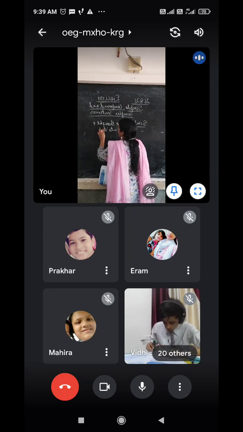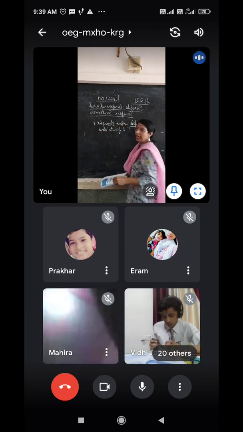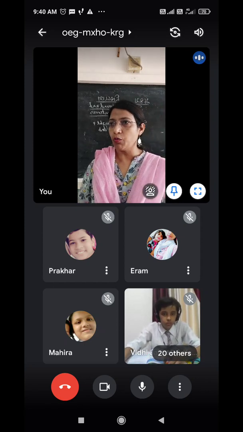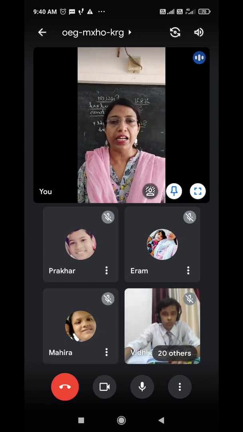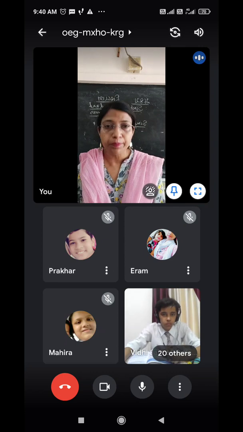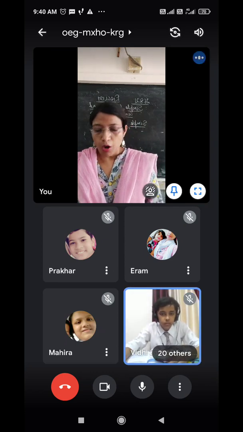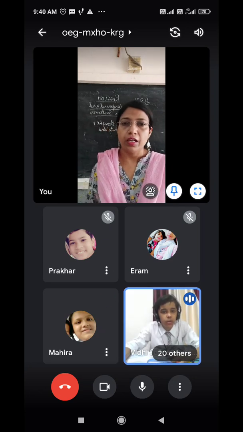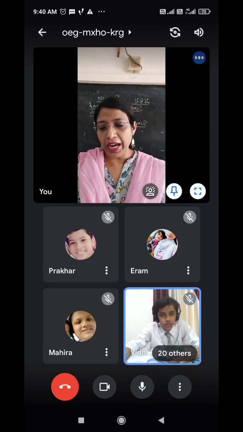Now, if you remember, when we were doing the infinitives, we studied about the difference between finite verbs and non-finite verbs. Finite verbs change according to number and tense, whereas non-finite verbs do not change.